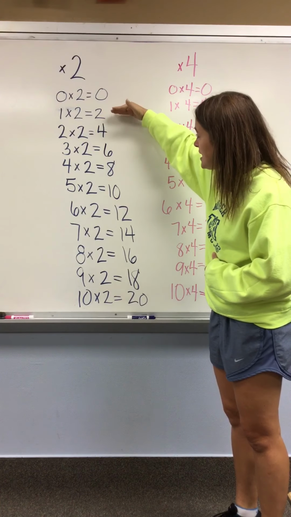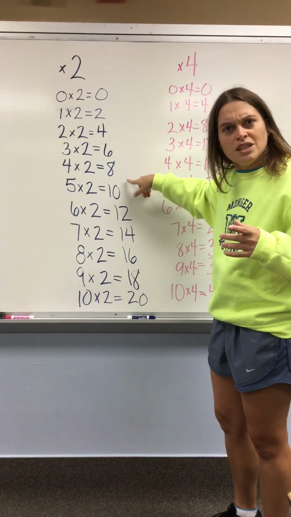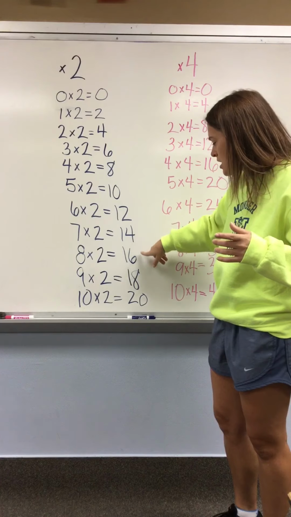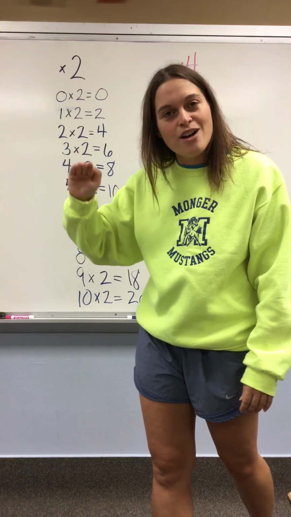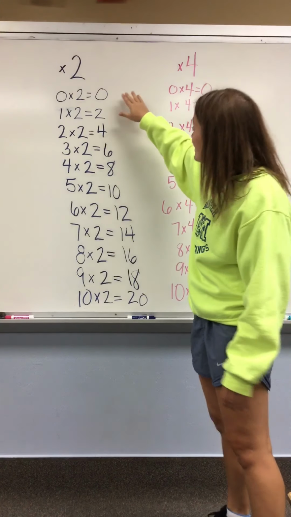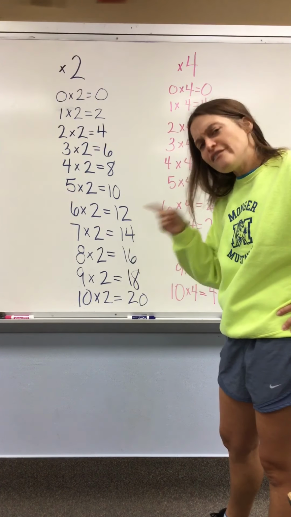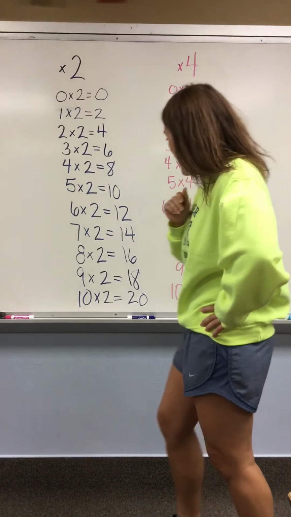So you can see, do you see the pattern? 12. Even the answers are counting by 2. And I noticed something. All of these answers are even numbers. Pretty neat how that happened.